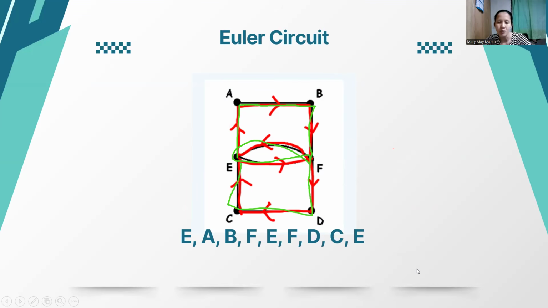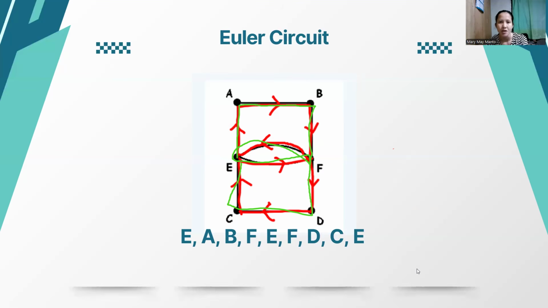Okay, so before we move on to our next topic, let's have some recap. For an Euler path, you travel the edges exactly once, but you start and end at different vertices. You can only say that it has an Euler path if and only if there are 0 or 2 vertices having an odd degree. An Euler circuit is a path where you can travel all the edges exactly once, and you start and end at the same vertex.